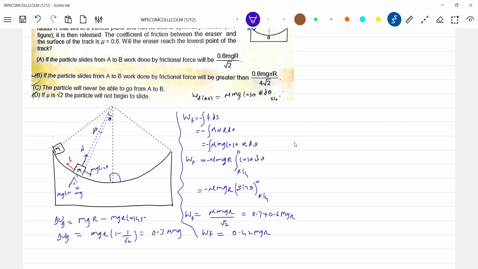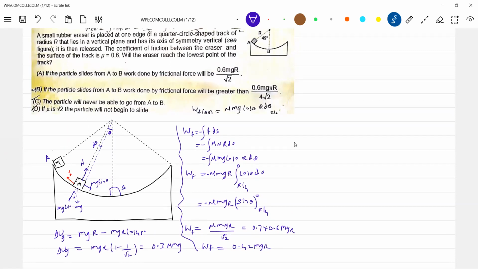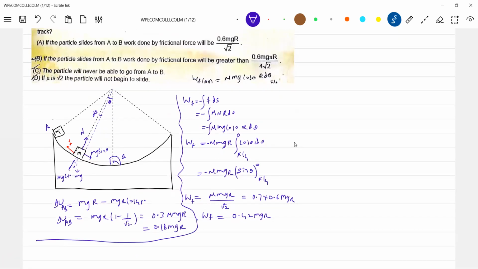If the block really moves from A to B, then delta U for A to B is 0.3 mgr, and with mu as 0.6 that is 0.18 mgr, which is less than the work done by friction.